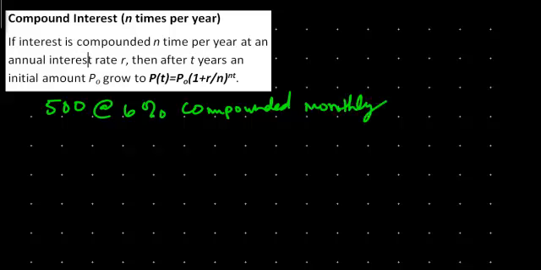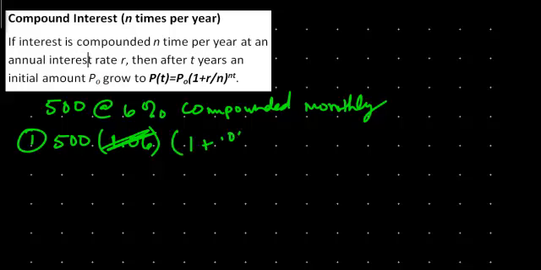Alright, so at the end of the first month, you don't get to bump it up by 6%, because that 6% is yearly. You only get to bump it up by 1 plus 0.06 over 12, a 12th of 6%. And so you do that every month.